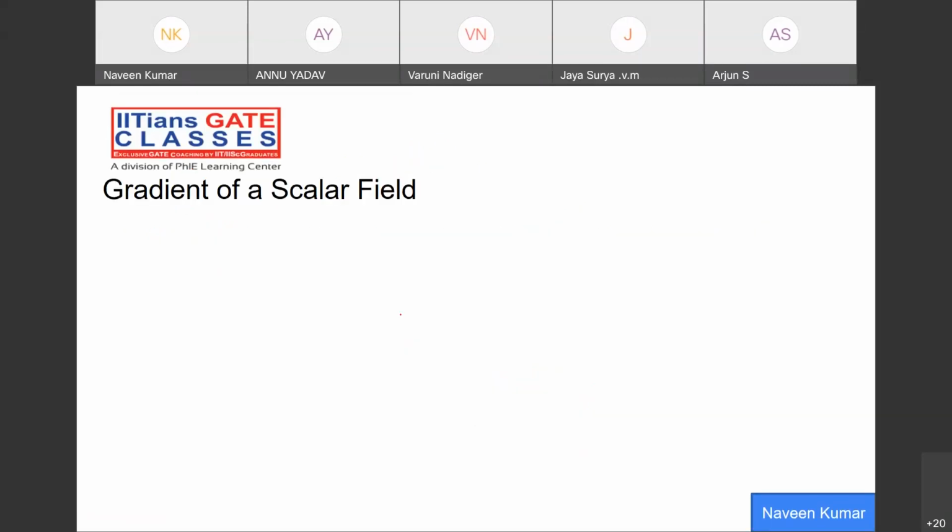Okay. Now, what is the gradient of a scalar field? Now, scalar field you understood, right? Now you have to find out what the gradient of a scalar field is. What do you understand by the word gradient? If you consider a space, any volume, then within that volume the quantity keeps on changing.